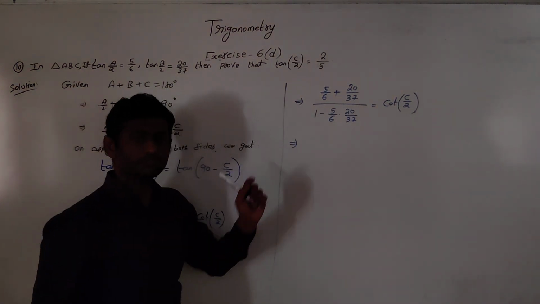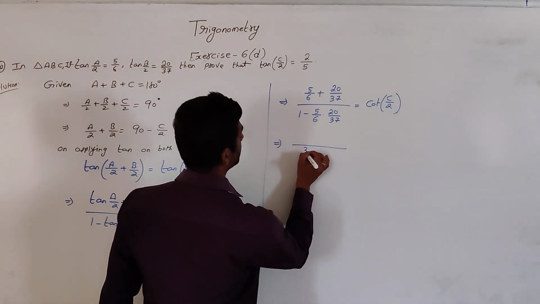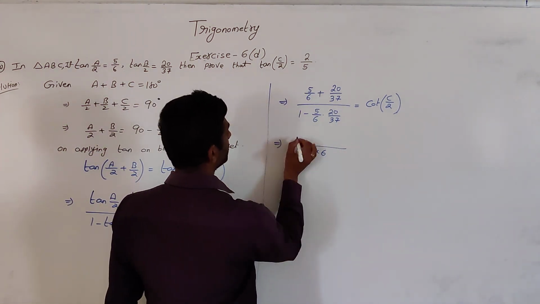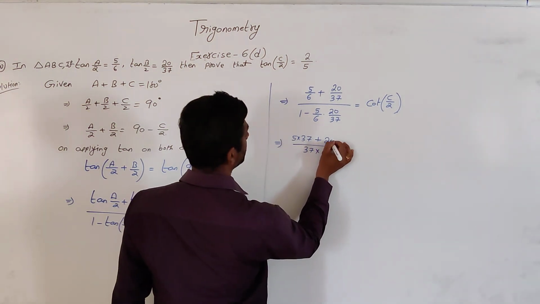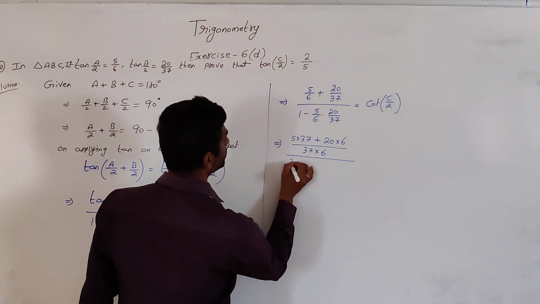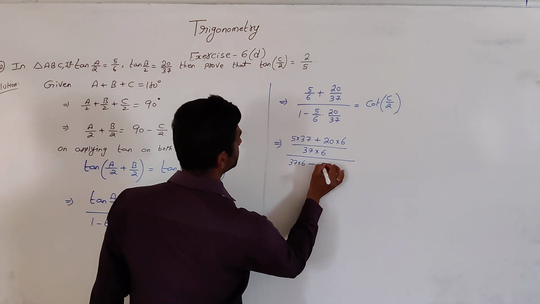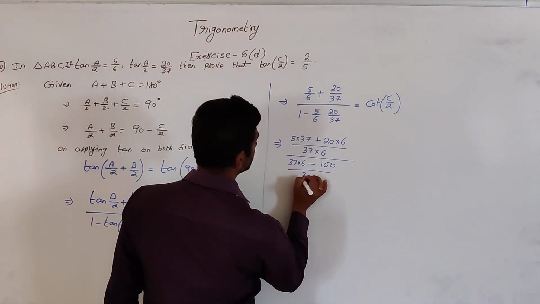And take the LCM. The LCM is 37 into 6, and this will be 5 times 37 plus 20 into 6, upon 37 into 6 minus 5 into 20, which means 100, by 37 into 6.